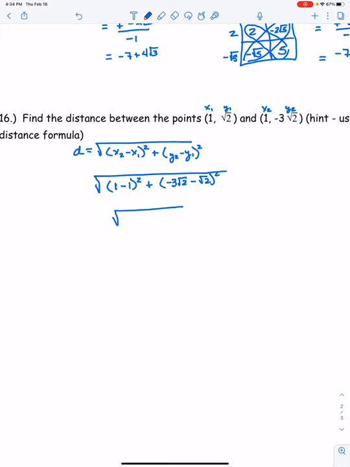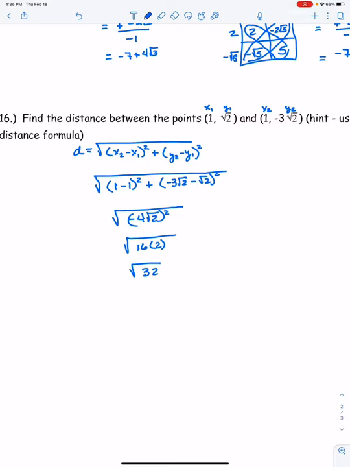So let's look at our y's. Negative 3 the square root of 2 minus the square root of 2 gives me negative 4 the square root of 2. And that needs to be squared. And so I'm going to end up with 4 squared is 16. And that's going to give me the square root of 2 squared will give me 2. And so I end up with the square root of 32.